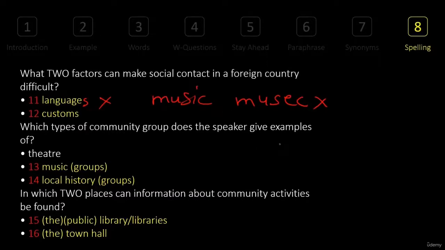They cannot be excused with, oh, I did hear the answer, by mistake I wrote an incorrect spelling. Nope, sorry. One more thing I would like to clear up is, please try to provide all answers in listening in uppercase. For example, we have music groups here. Try to write in this way rather than this way.